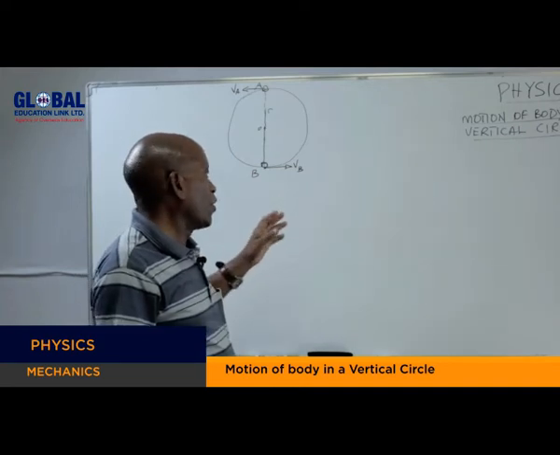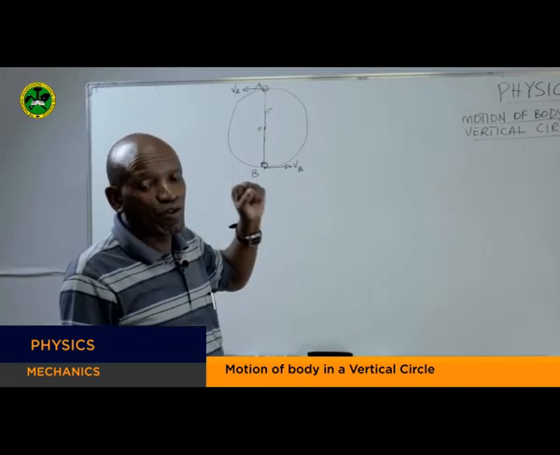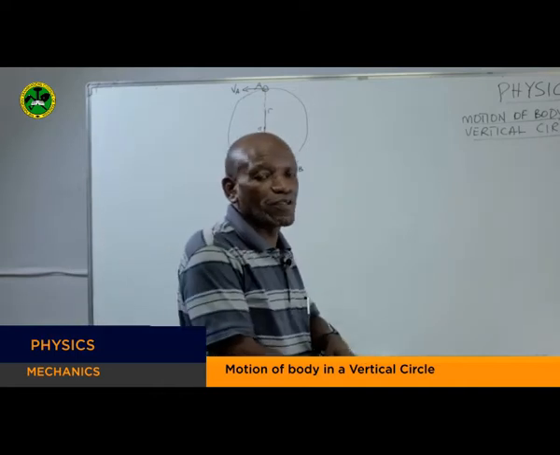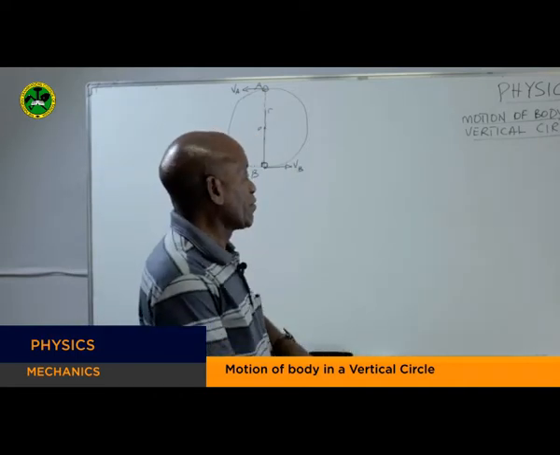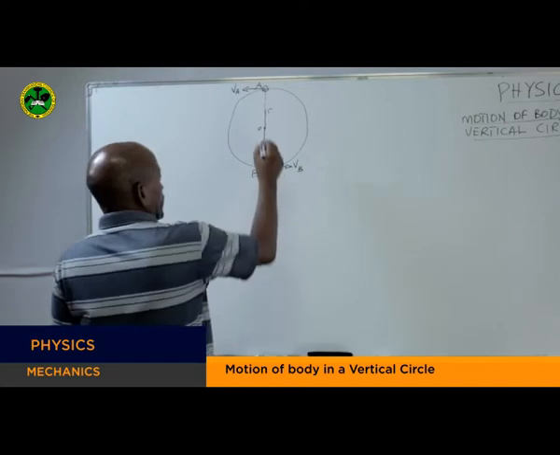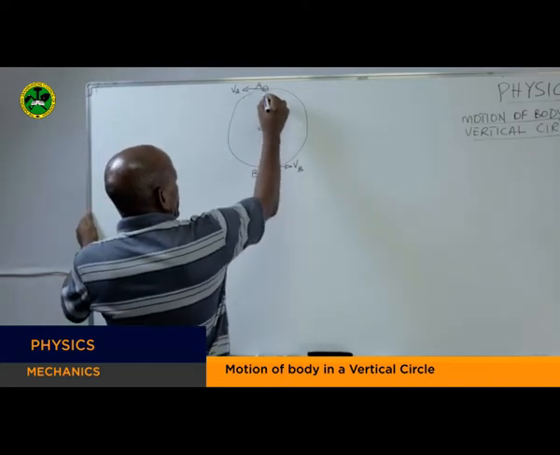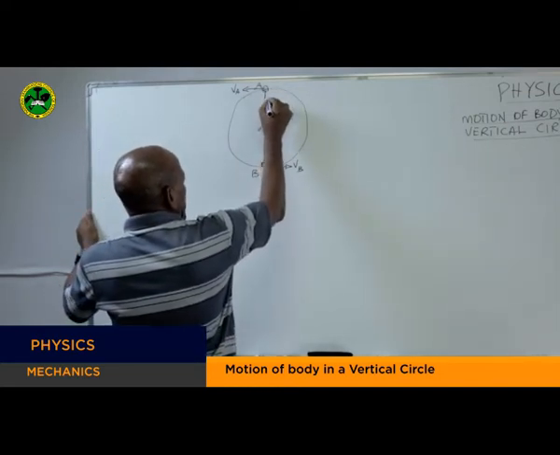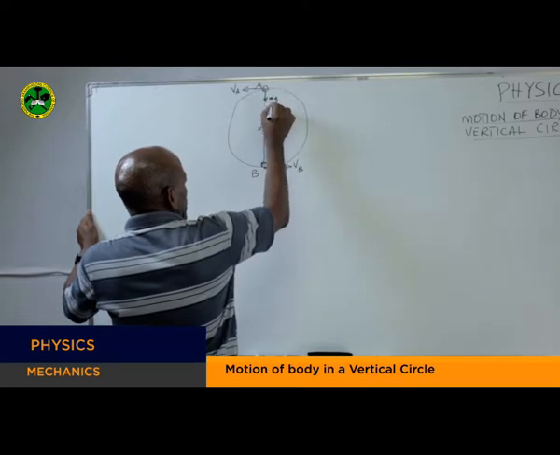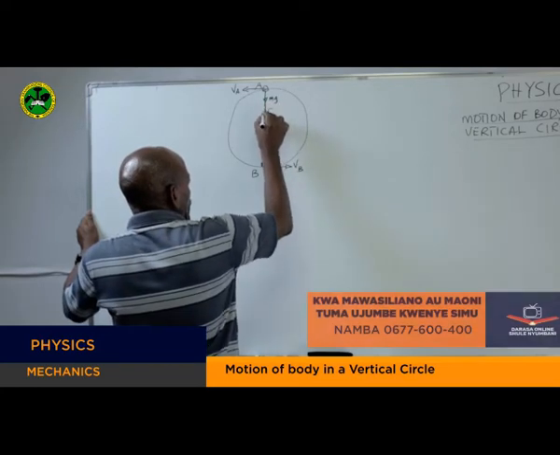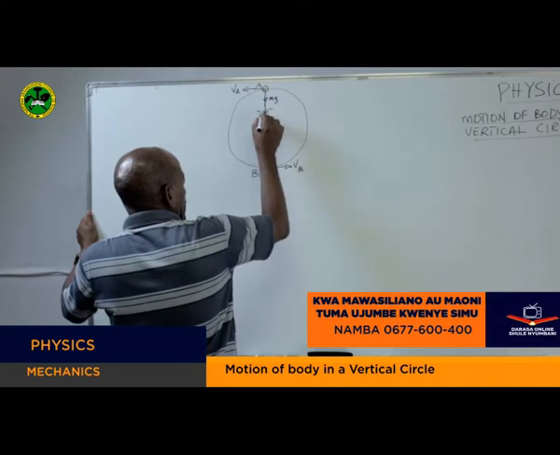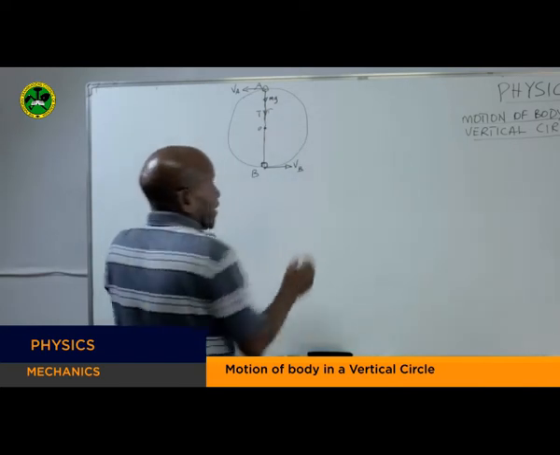So all in all, it takes us to the forces we solved previously. Whenever a body is at the top, its weight mg acts downward together with the tension T, which also acts downward.